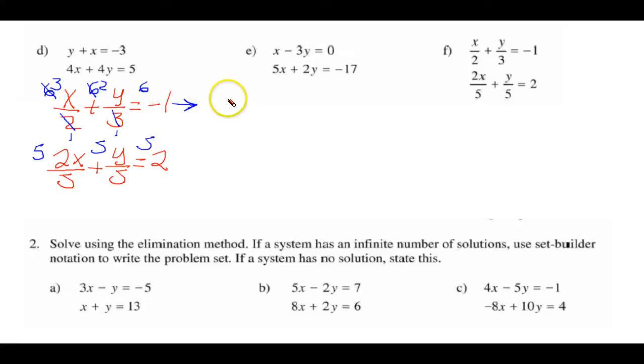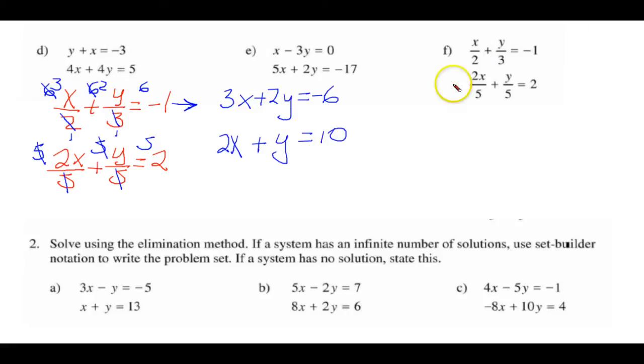This is going to be 3x plus 2y equals a -6. Now this one, the 5's cancel out, and we get 2x plus y equals 10. So the key in this one is to get rid of the fractions.